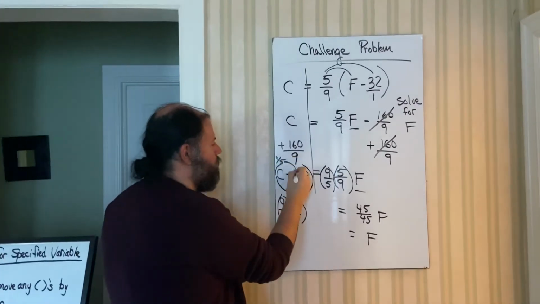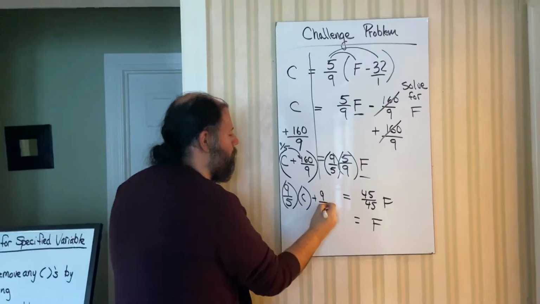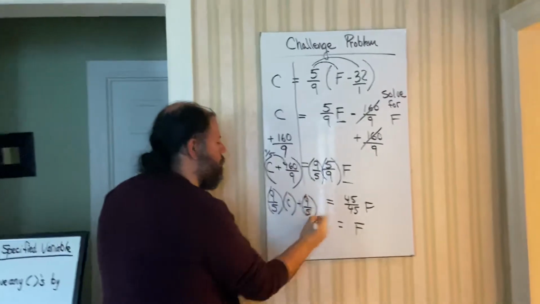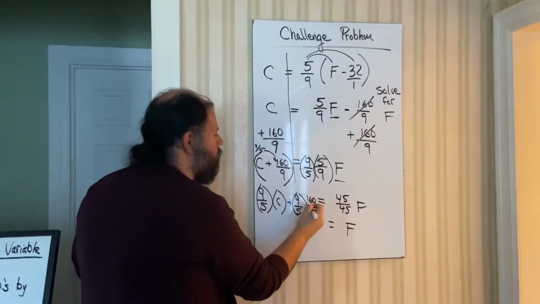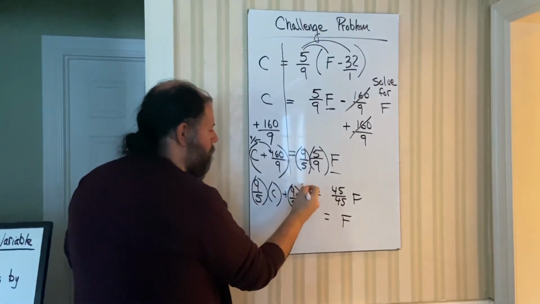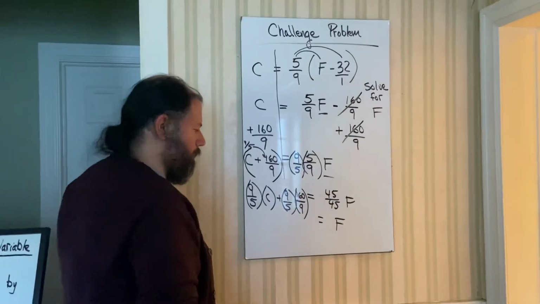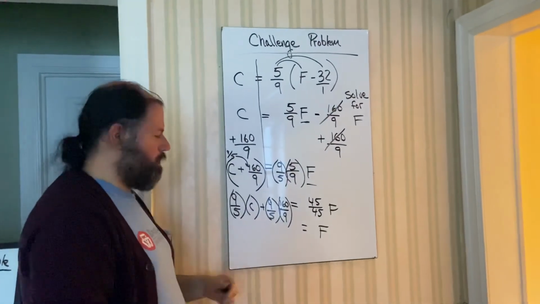And then this 9/5 was this 160 over 9. So 9/5 times C, you just smush them together.